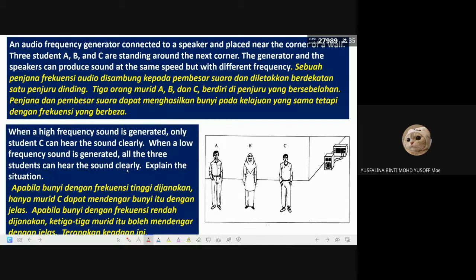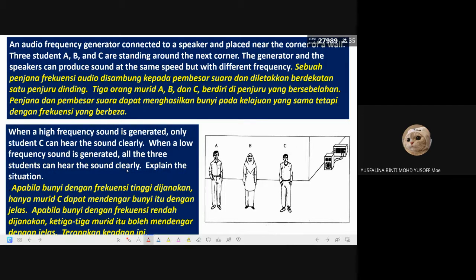When the high frequency sound is generated, only student C can hear the sound clearly. So if you use the high frequency sound, only student C can hear. But when you use the low frequency sound, all three students can hear the sound clearly. So explain the situation.